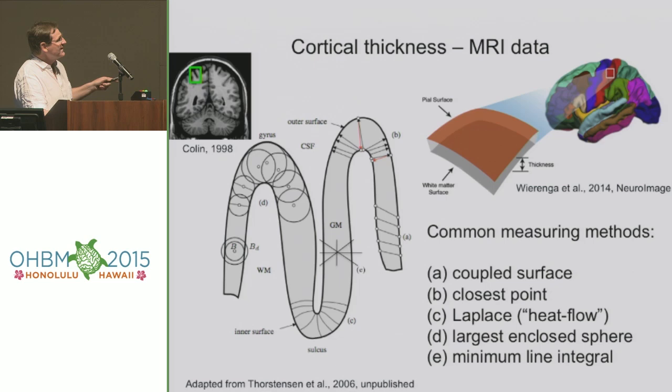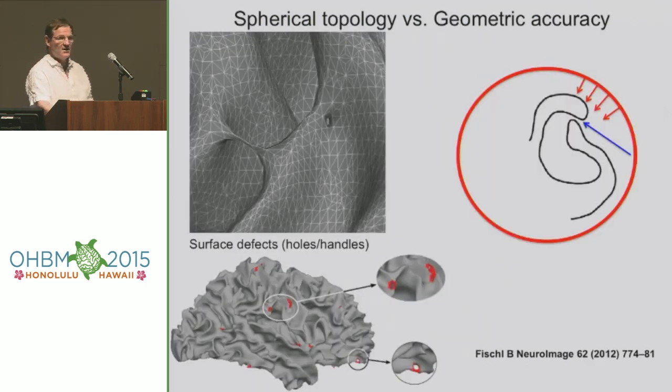There are more sophisticated strategies to look at the closest point, dropping a normal from the inner to the outer surface, or a Laplacian approach, heat flow, as I've described. The largest enclosed sphere, rolling a ball around the inner surface, and a minimum line integral. Any number of these different metrics can be used to give us a measure of the cortical thickness.